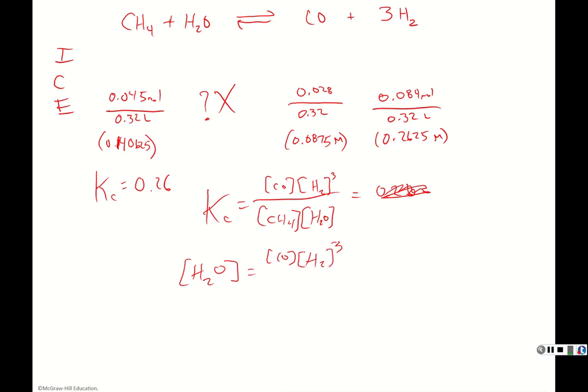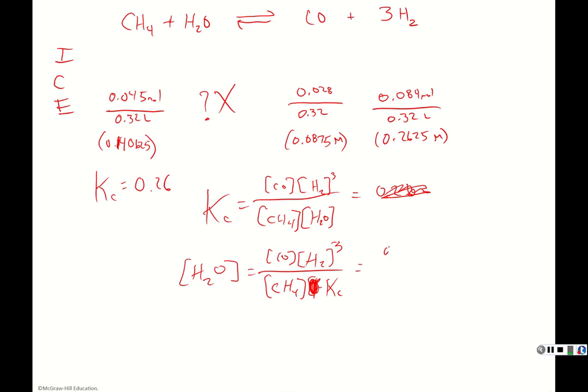So that's [CO][H2]^3 over [CH4] and K sub C. Now we can plug everything in because we know all of those.